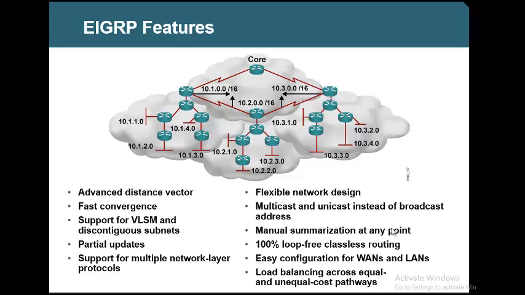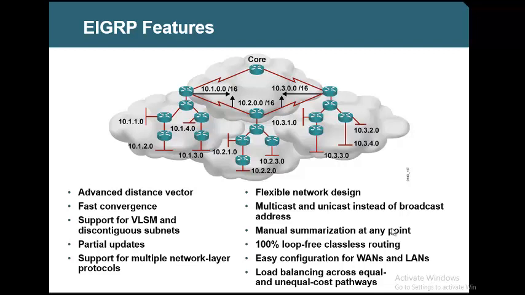So for me, it is 150. You see? EIGRP does some partial calculation. Whereas in RIP, it blindly believes the neighbor. Whatever the neighbor gives, that becomes the metric in RIP.